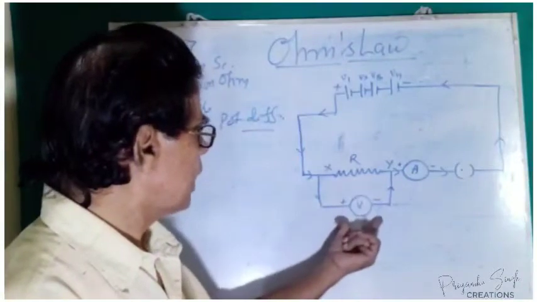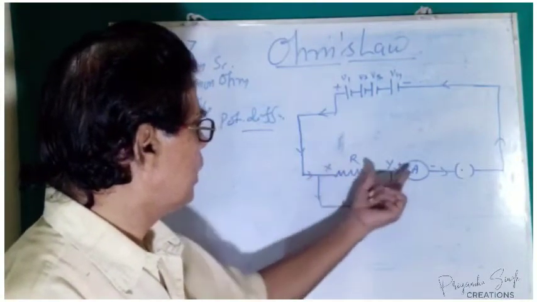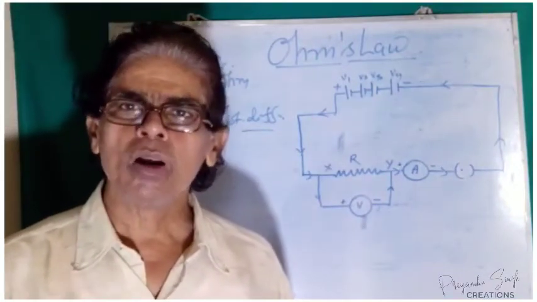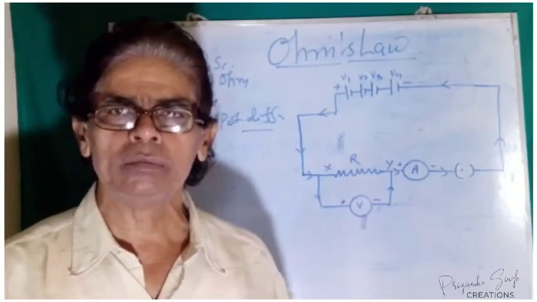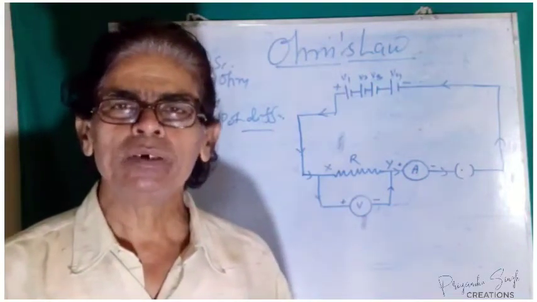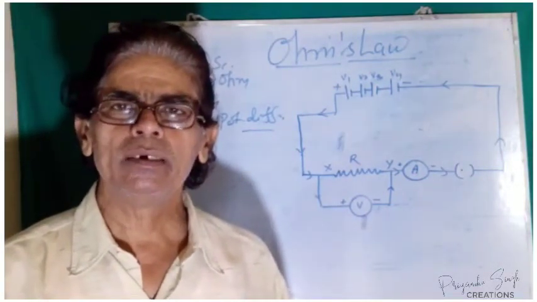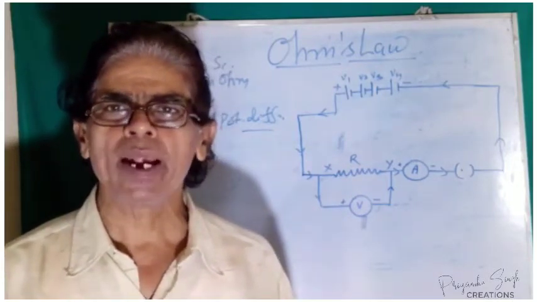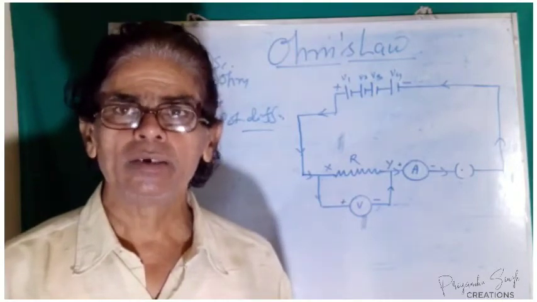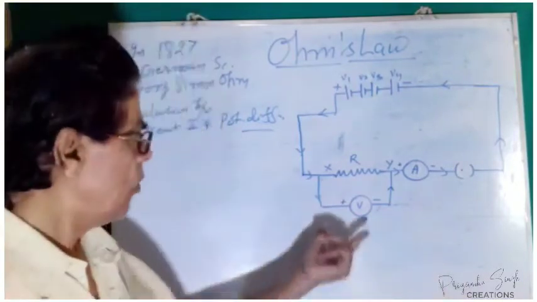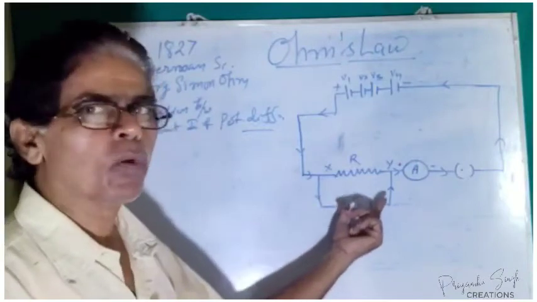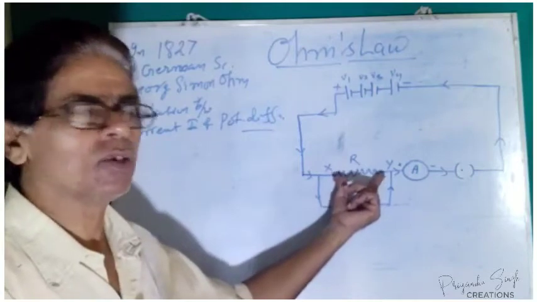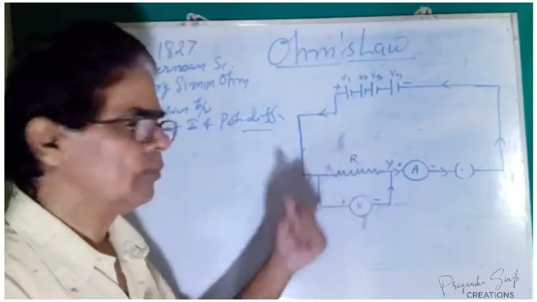This voltmeter is connected in parallel to the resistor. A voltmeter is always connected in parallel, and an ammeter is connected in series, because the ammeter has to provide the current strength and the voltmeter has to provide the potential difference between the ends of the resistor, here say XY.